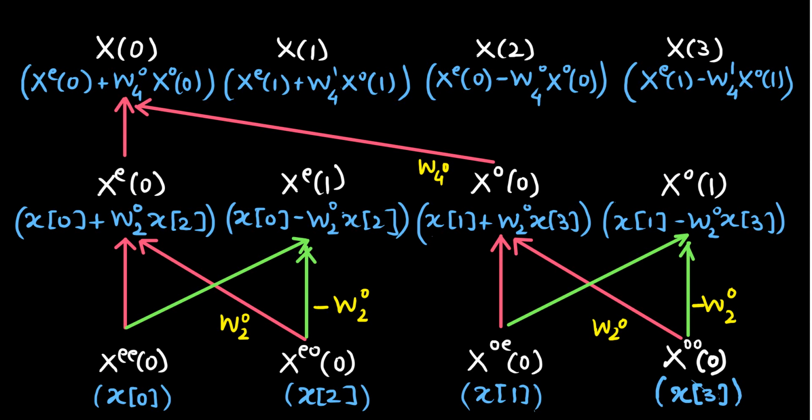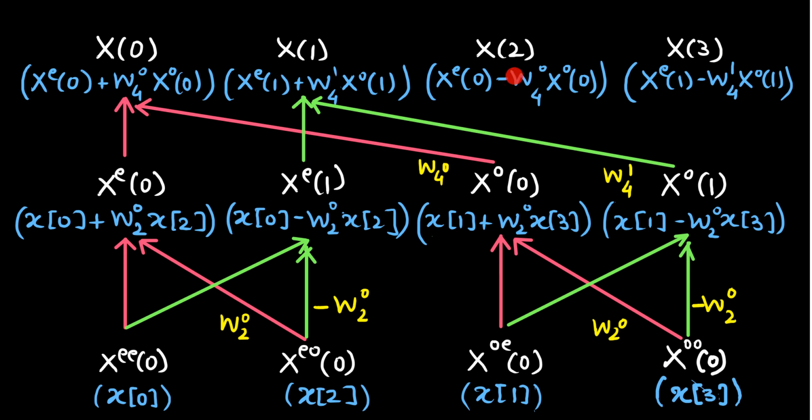So we can consider it like this. It is x e of 1 and x odd of 1 with a scaling factor of w4 to the power 1.